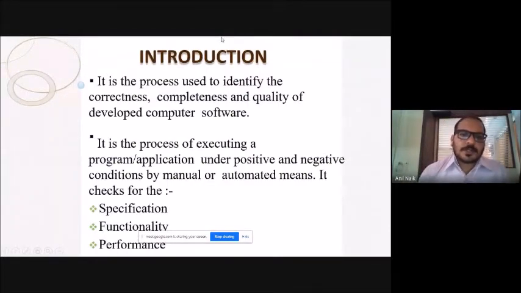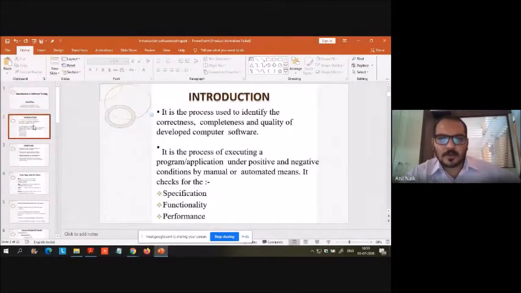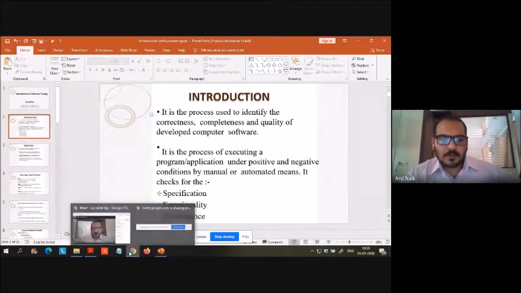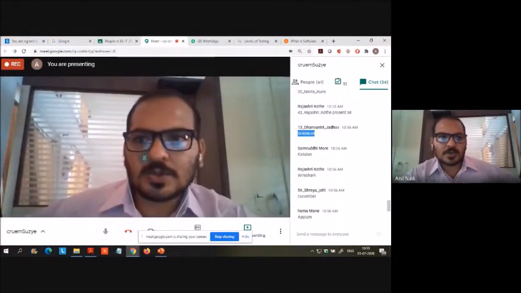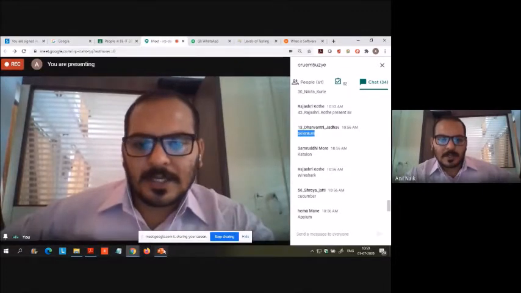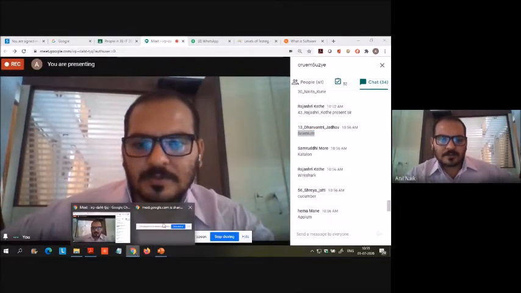So what is software testing? It is the process that is used to identify the correctness, completeness, and quality of the developed software. Software testing is a process used to test the quality of the software.